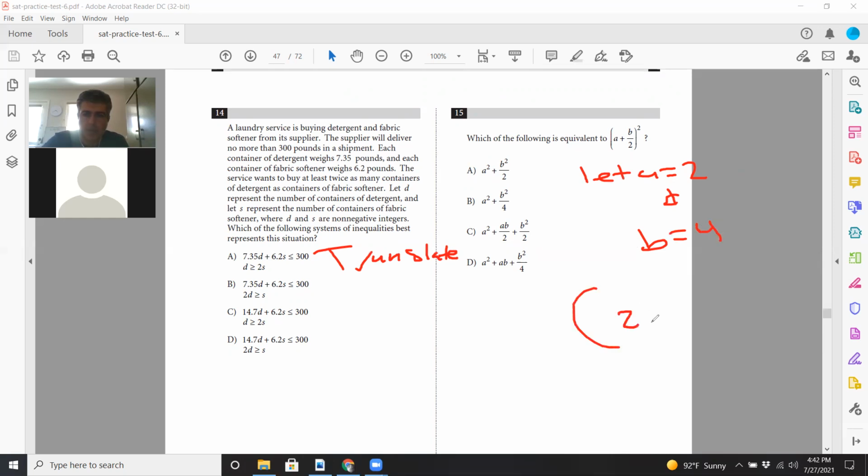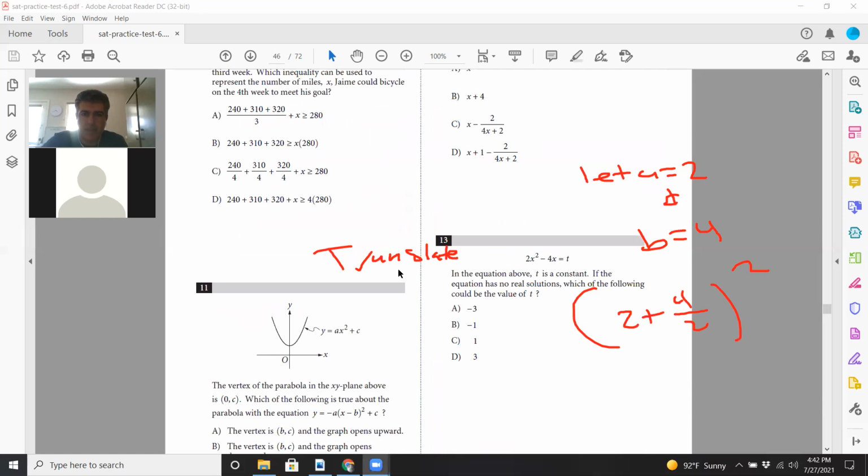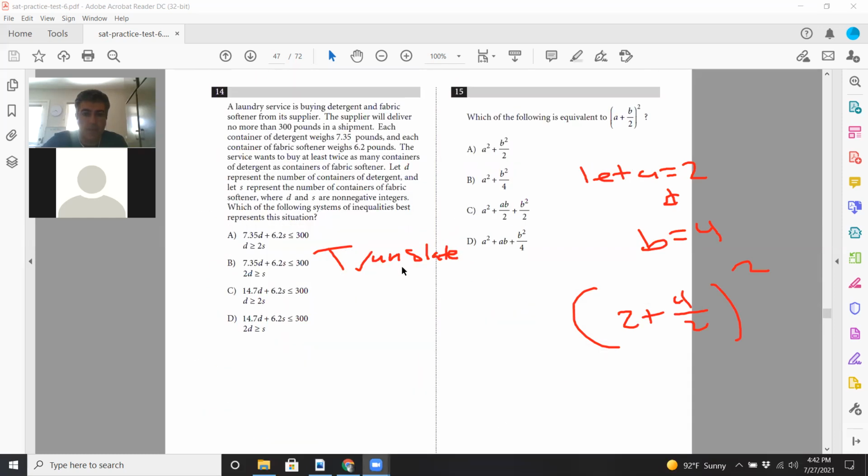So you have 2 plus 4 over 2 and then squared. Make sure you follow the order of operations, of course. Then you match with one of these 4 choices, and see which of these 4 choices gets you the same result. You have variables in the choices, right? We saw this earlier with number 12. You can do the same exact thing that we did for number 12 for number 15.